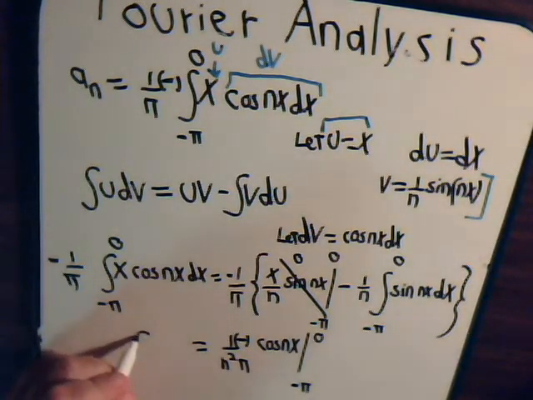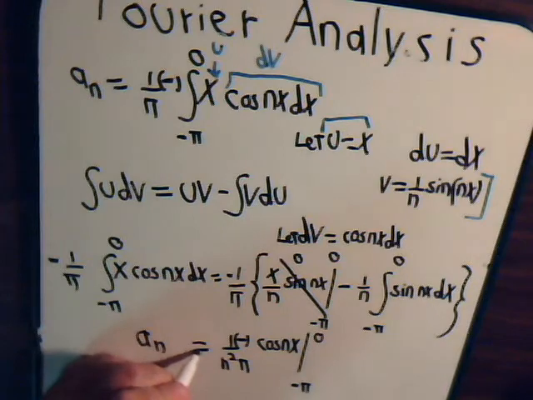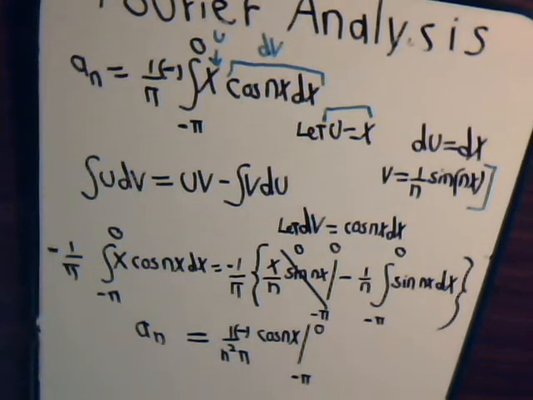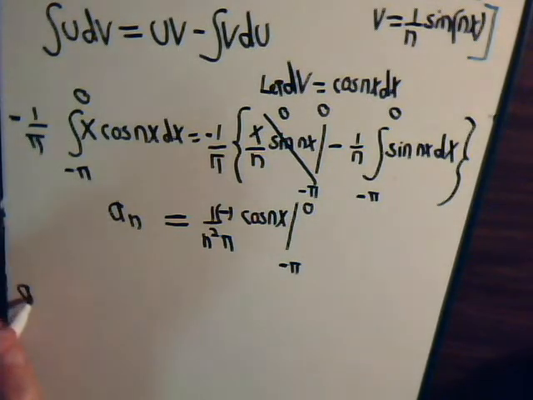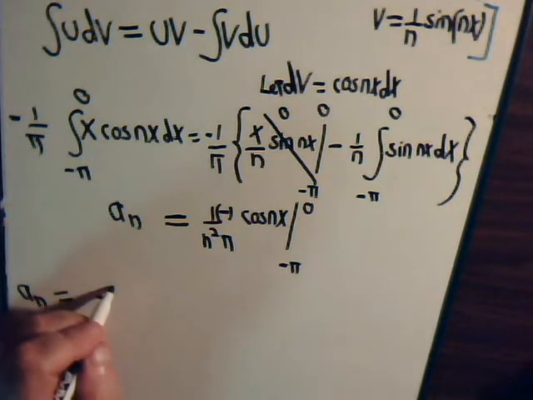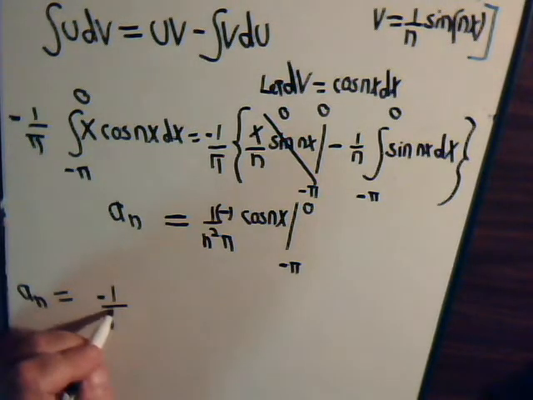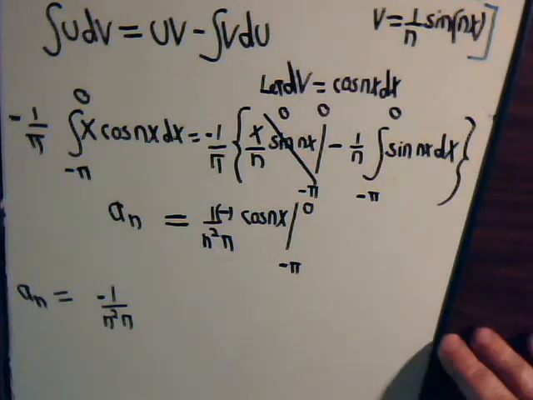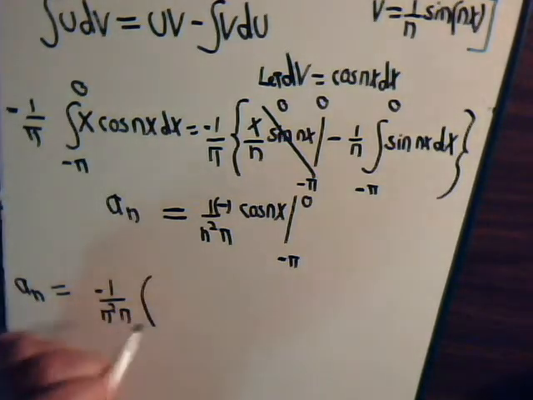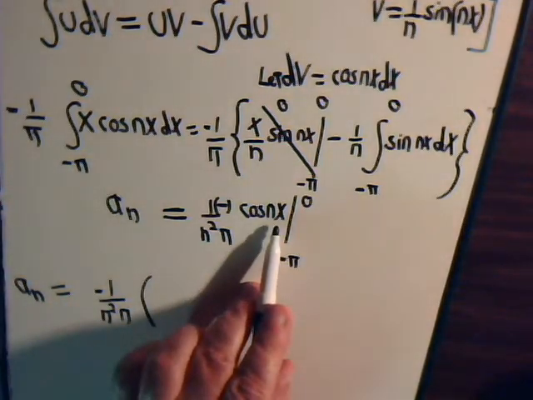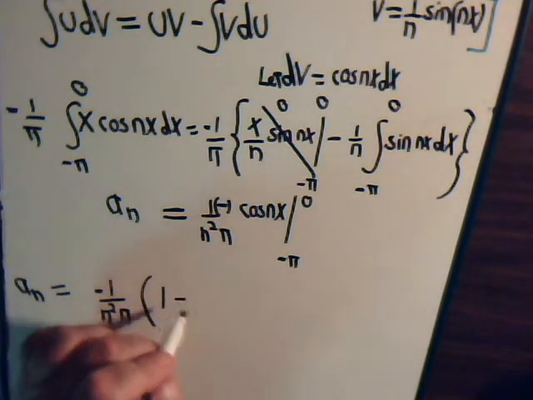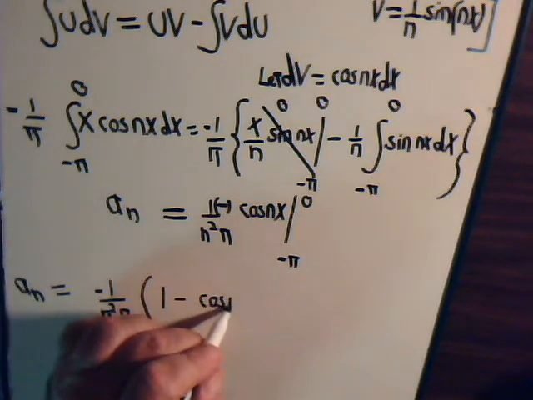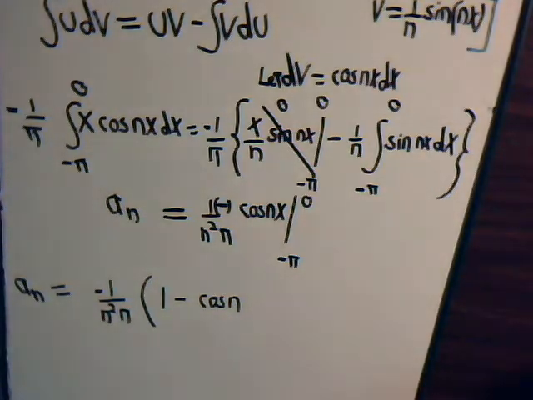So here we can say a sub n equals this. So let's see, a sub n equals minus 1 divided by n squared pi times cosine of 0 is 1, minus cosine of n times minus pi.